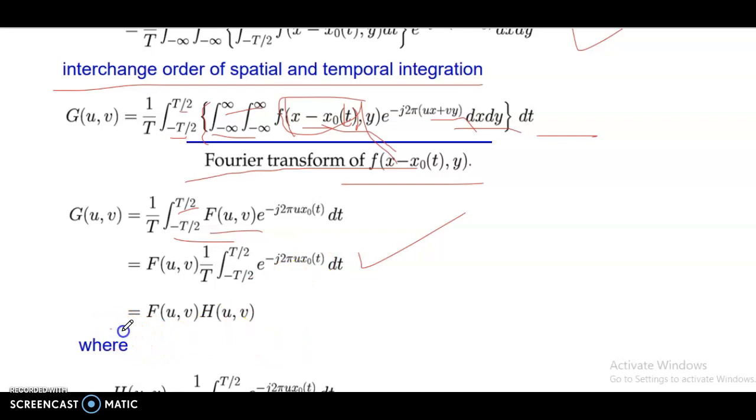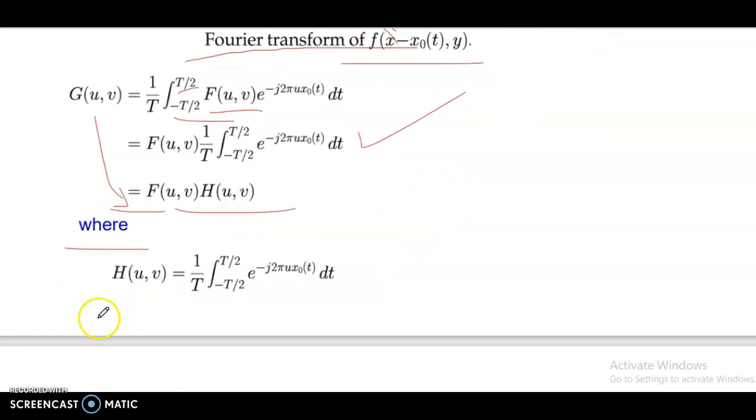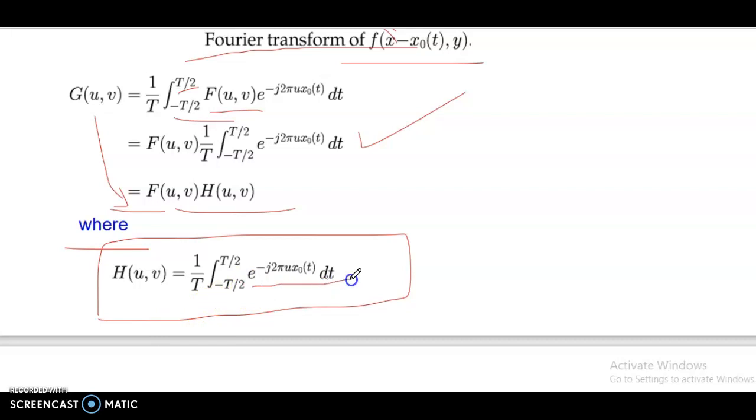Here G(u,v) equals F(u,v) times H(u,v), where H(u,v) equals 1/T times the integral from -T/2 to +T/2 of e^(-j2π u x0(t)) dt.